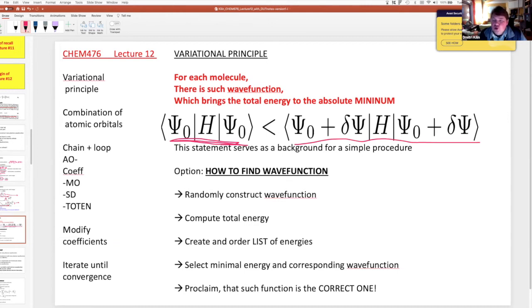If we know for sure that psi naught is the absolutely correct wave function for the Hamiltonian H, if it is already the minimum, the ground state of this Hamiltonian, then any modification of this function will increase the energy.